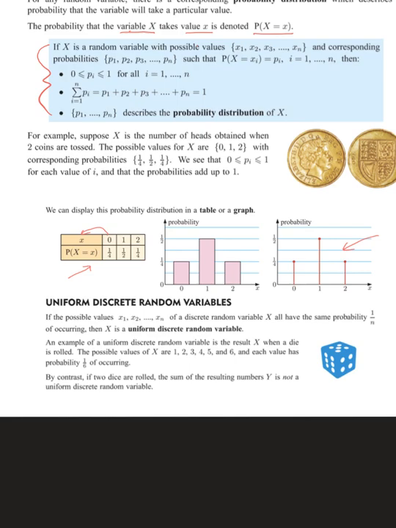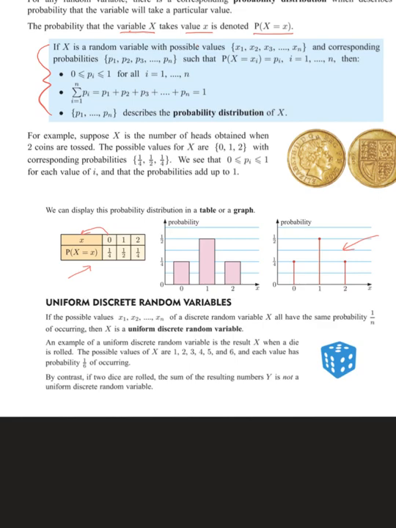So there is such a thing as a uniform discrete random variable, and that's when all of your random variable X has the same probability 1 over n of occurring. Then X in that case describes a uniform discrete random variable. So a very easy example of that is a die, right? So when a die is rolled, the values of X are 1, 2, 3, 4, 5, and 6.